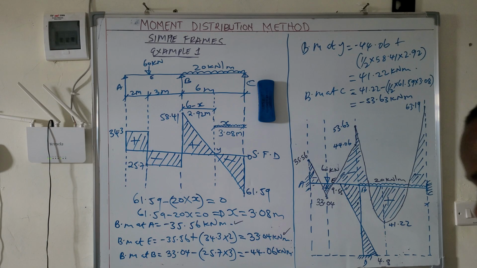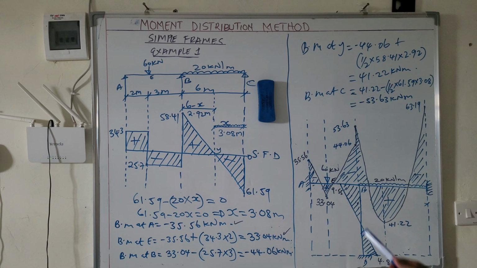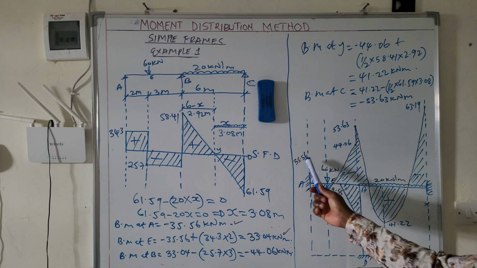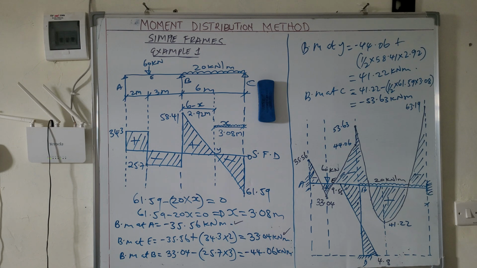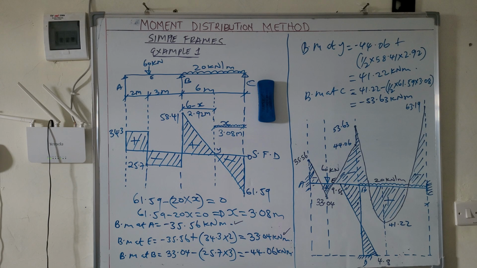If we begin with point A, we had negative 35.56. So you locate above the baseline 35.56, and you mark that point. You proceed to point E, and approximate where you think that 3.04 is. So there, and write it as 3.04.